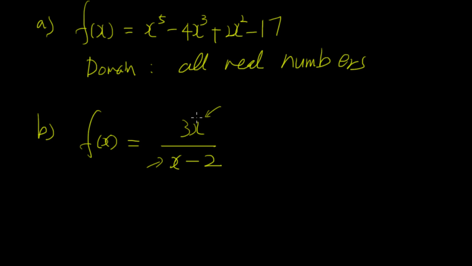Here there's no problem, but here you can see that there's one x value that you do not want to use, which will make this denominator equal to 0. X shouldn't be 2.